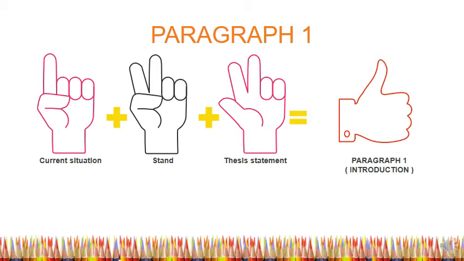After that, create an acceptable and effective stand. After that, you must come out with a simple and precise thesis statement. By following these 3 steps, you will be able to create an effective introduction.